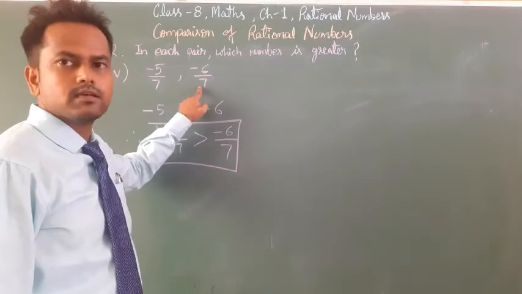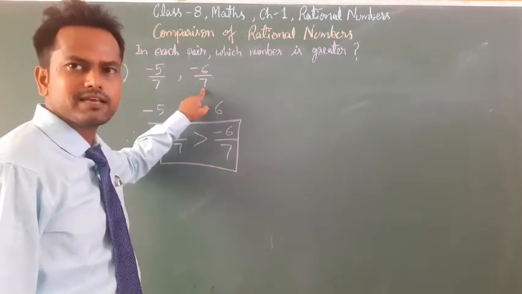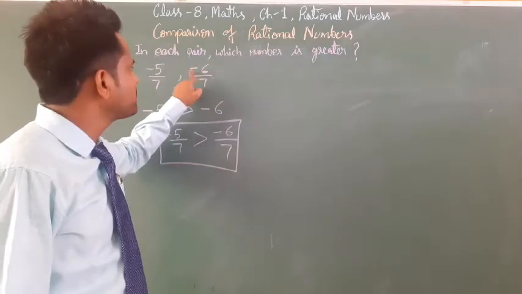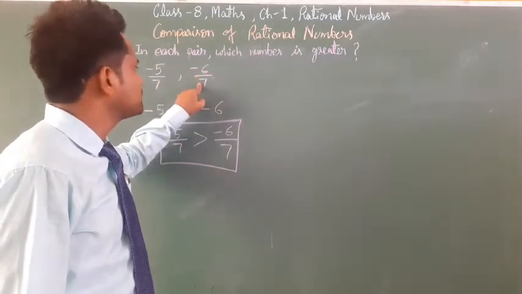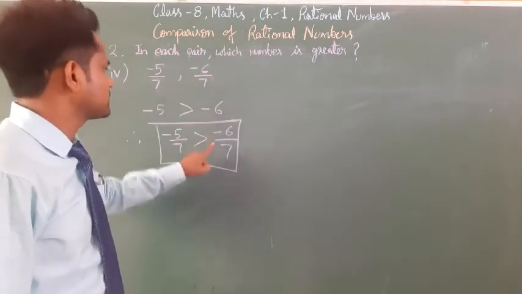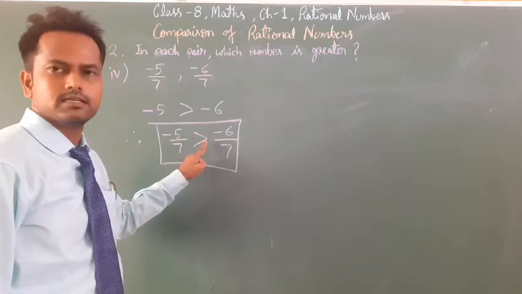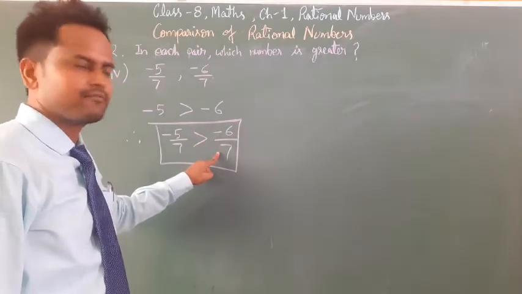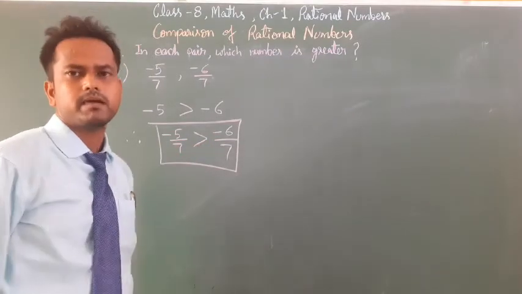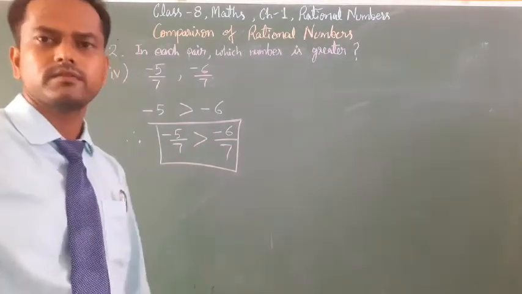So which absolute value is larger? Definitely 6 by 7. The absolute value of minus 6 by 7 is larger. So this one will be smaller, and you can easily see on this line that minus 6 by 7 is less than minus 5 by 7. Got it? Pause the video and note it down.